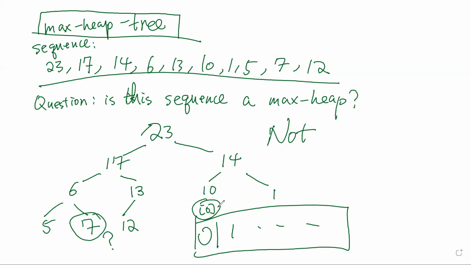So you need to rely purely on the index to find a node's children and then see if it meets the condition. That's the idea.